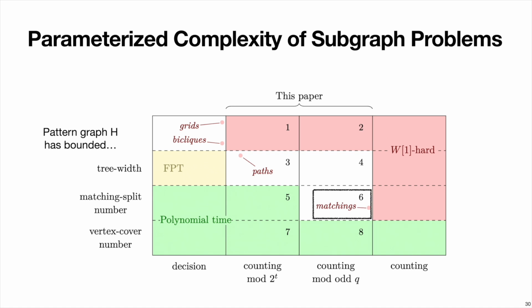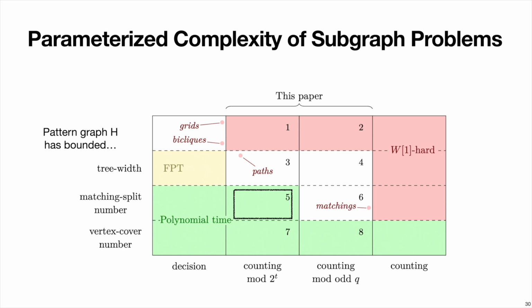We have proven in this paper that counting the number of k-matchings modulo an odd number q is W[1]-hard. Counting the number of k-paths is also W[1]-hard when counting modulo 2 to the t.